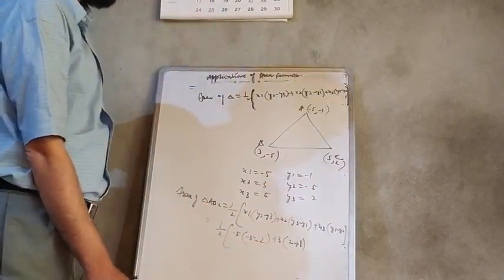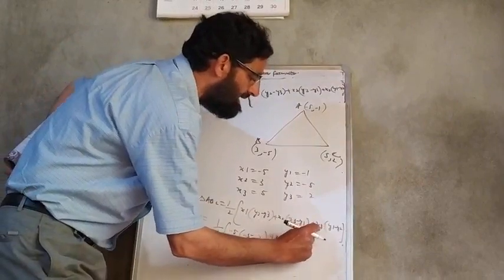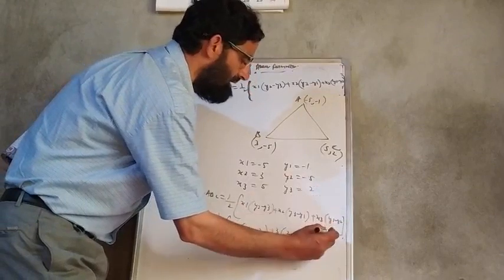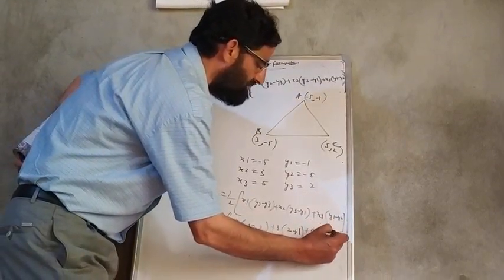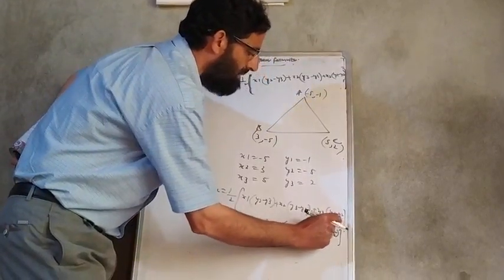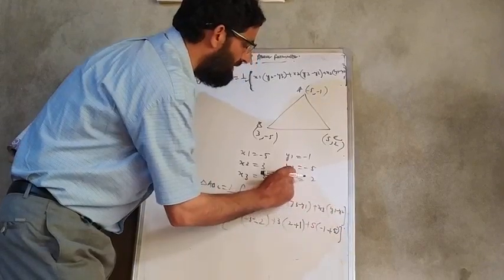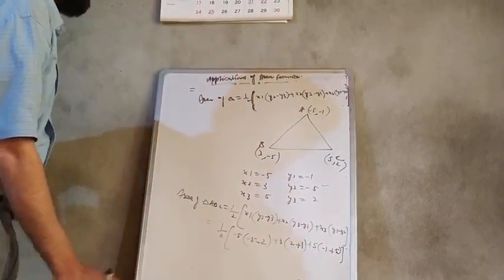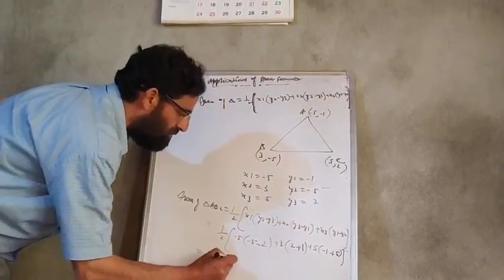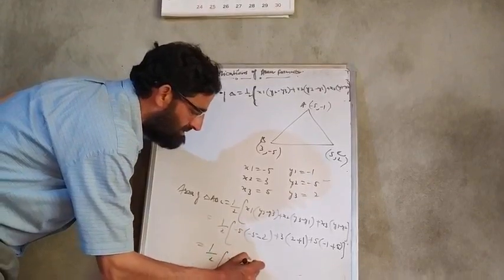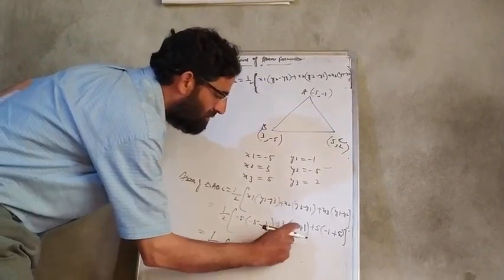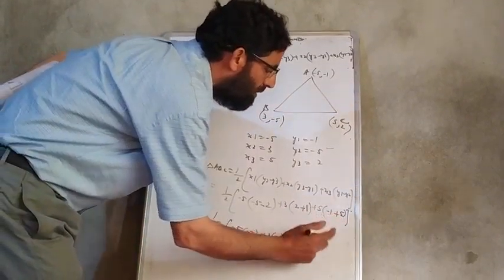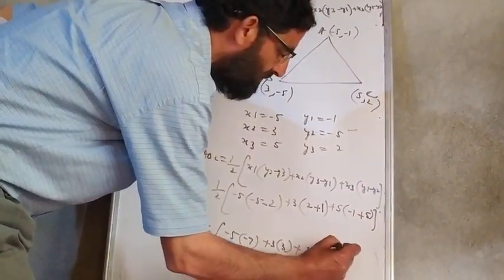So this is 2 plus 1 plus x3 is here 5 into y1 is minus 1 minus 2, that is plus 5, because minus y2 is equal to minus 5, so minus and minus will become plus. So this is 1 by 2 [minus 5 into minus 7 plus 3 into 2 plus 1 is 3 plus 5 into 5 minus 1, that is 4].